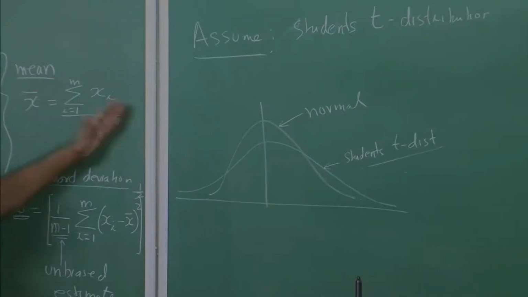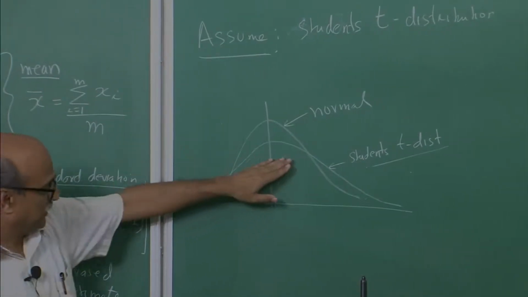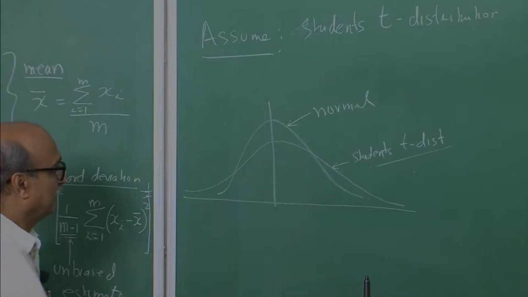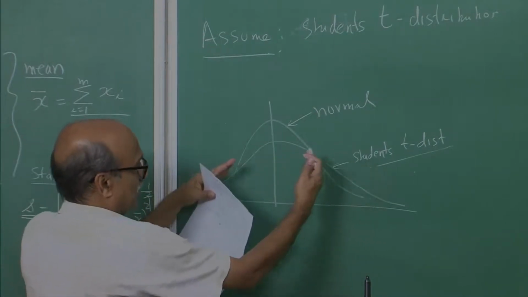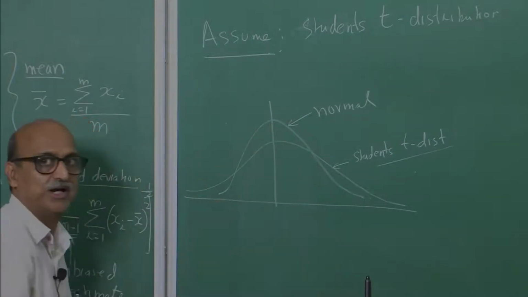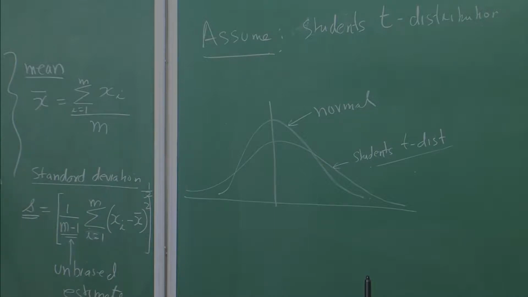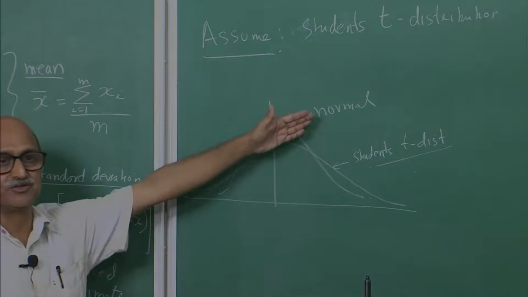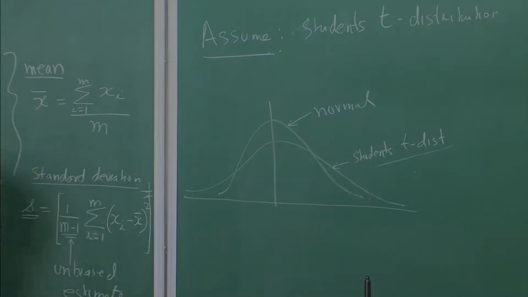But as m, the number of data points that I have, keeps increasing, the student's t distribution becomes narrower and narrower, and for very large m it starts to coincide with the normal distribution, and theoretically when m tends to infinity, the student's t distribution becomes the normal distribution.